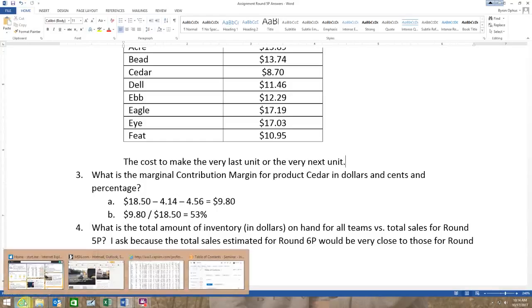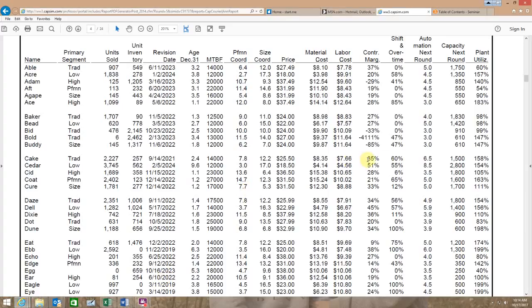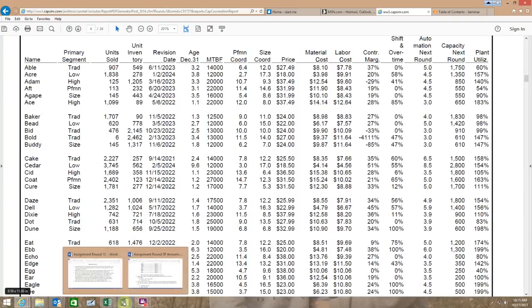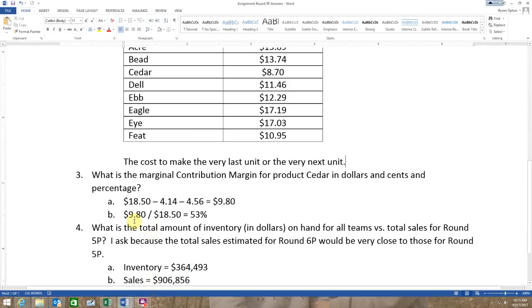I threw that in just as a reminder. If you look on here, it says its contribution margin was only 51%. Well, why? They probably had some inventory left over. If you went back and looked, they sold inventory they had previously made, so it was a little bit more expensive for them to make. And so their marginal contribution margin is 53%, but it brought their overall contribution margin down a couple of percent. Not a big deal, but a demonstration as to why that's a little bit different.